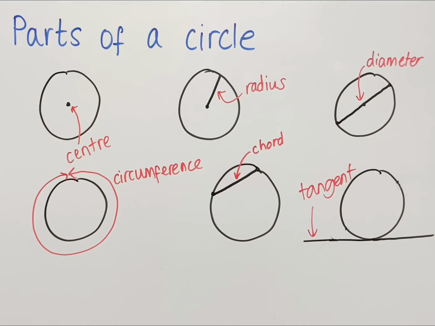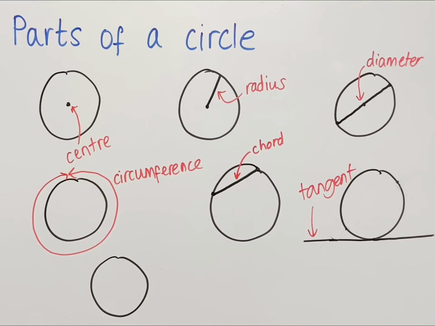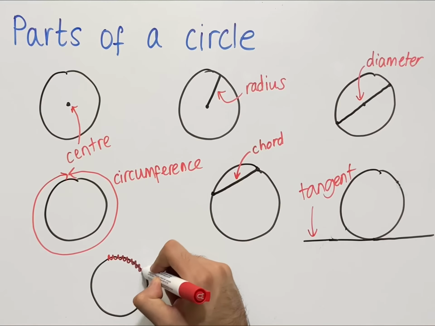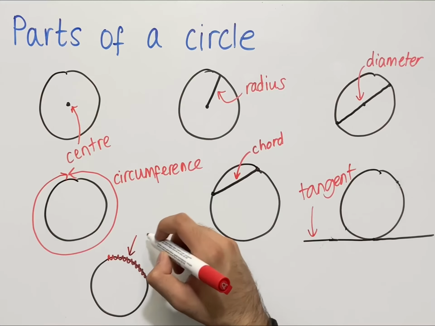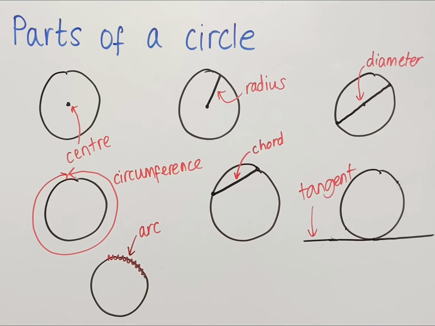Next part of a circle is called an arc. So by definition, an arc is a portion of the circumference of a circle. So for instance, if I was to just look at this shaded bit of the circle, it's a portion of the circumference, and so by definition it's called an arc.